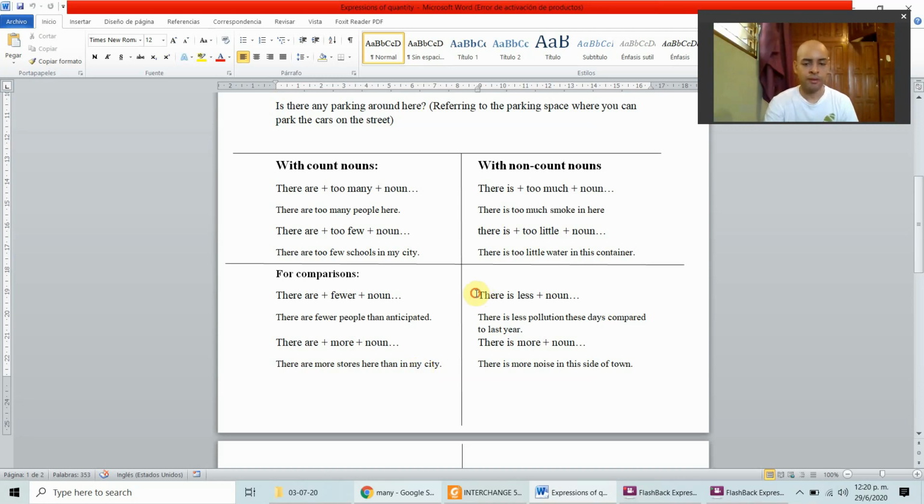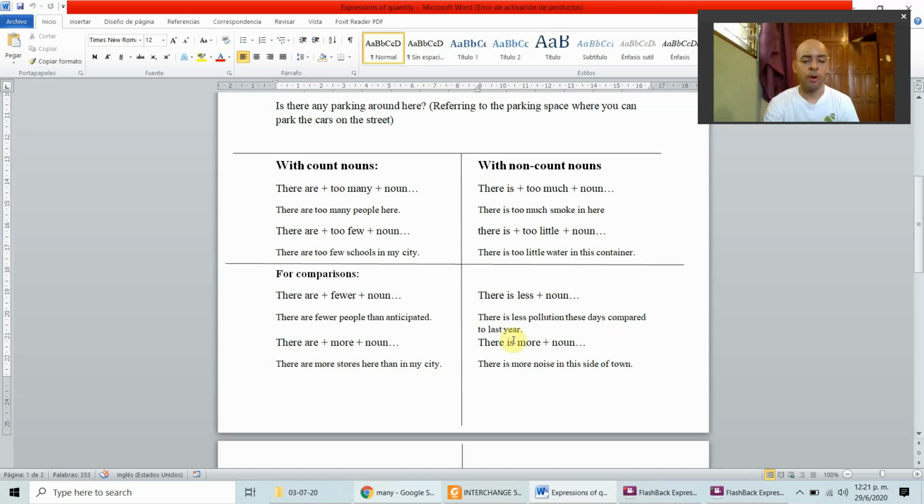So what about non-count nouns? There is less plus noun. There is less pollution these days compared to last year. So there is less smoke, less trash, less pollution today compared to last year.